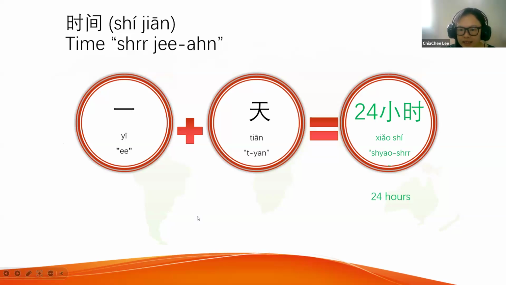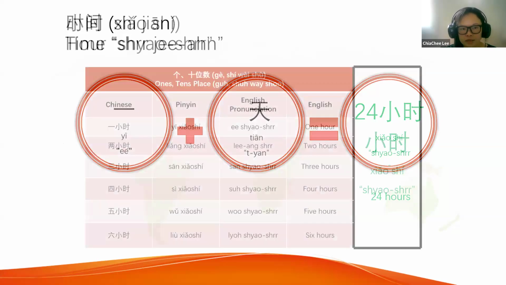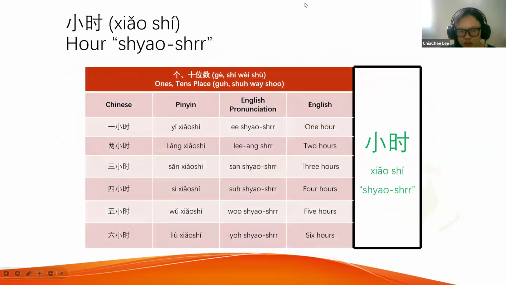So 一天 we will have 24小时. 24小时 means 24 hours. As for the 小时, we will place it behind the number. For example, 一小时 is 1 hour and 2小时 is 2 hours.